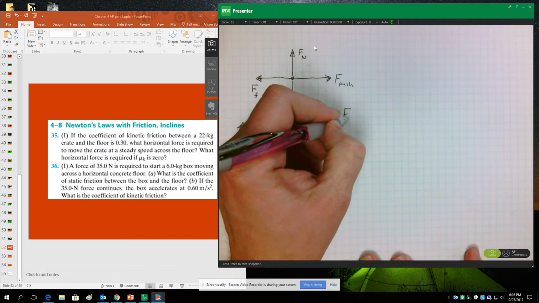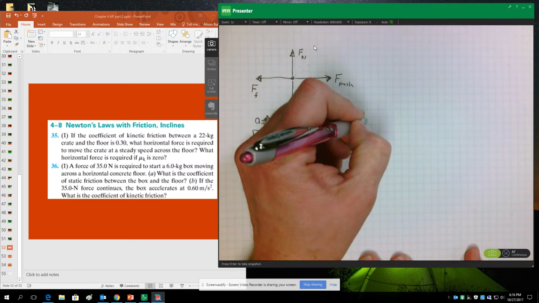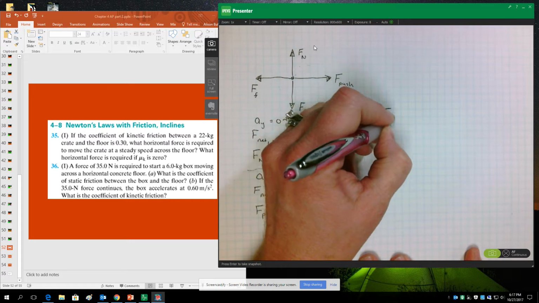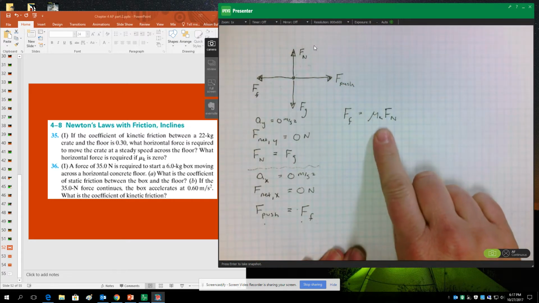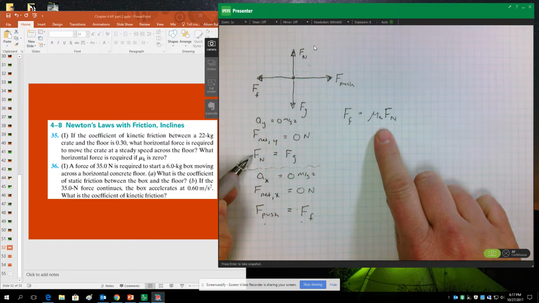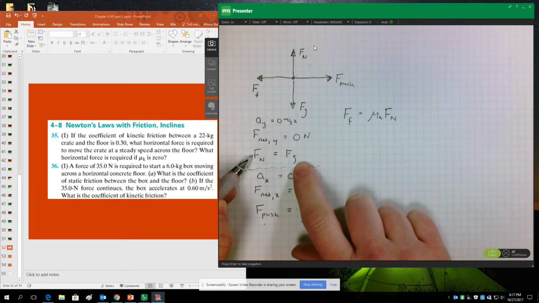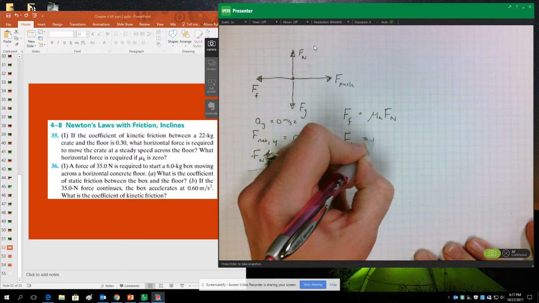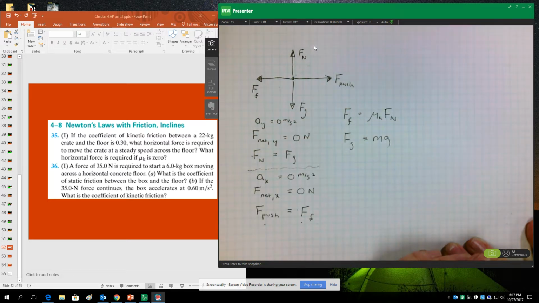I know that the force of kinetic friction is equal to the coefficient of kinetic friction times the normal force. I know that coefficient is 0.3, so I come over here, here's the normal force, and it needs to be in balance with the pull of gravity. The pull of gravity on the box is equal to its mass times acceleration due to gravity.